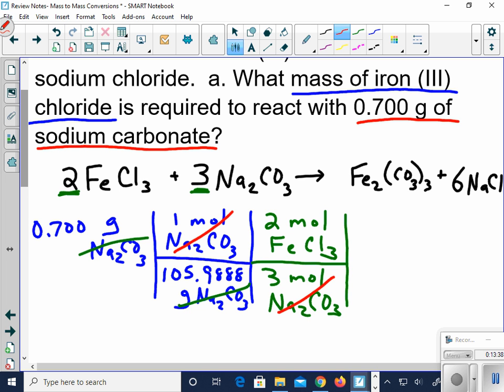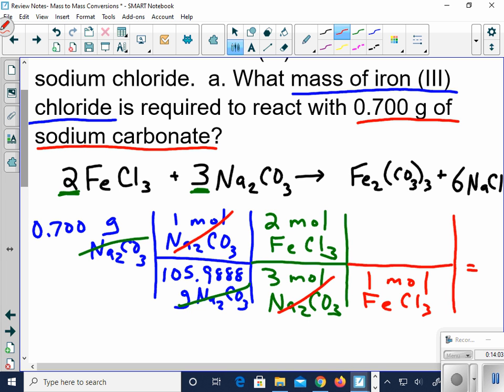My final step is to convert from moles of my unknown to grams. So this, once again, folks, this is a flux capacitor move. So I know that I have 1 mole of FeCl3, 1 mole of iron 3 chloride. What is that mass going to be?